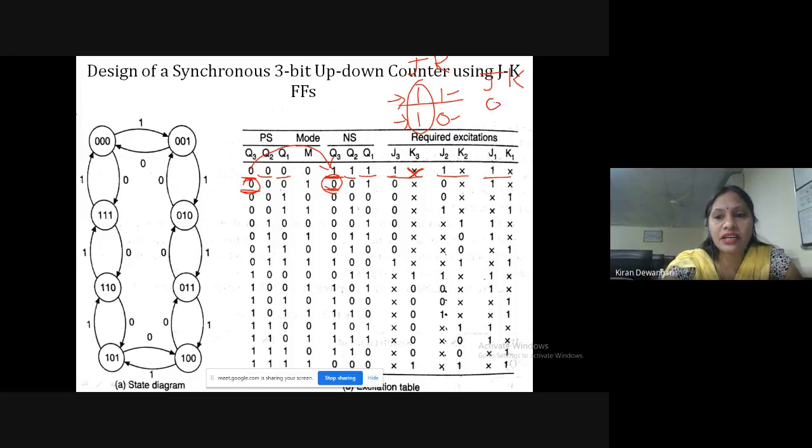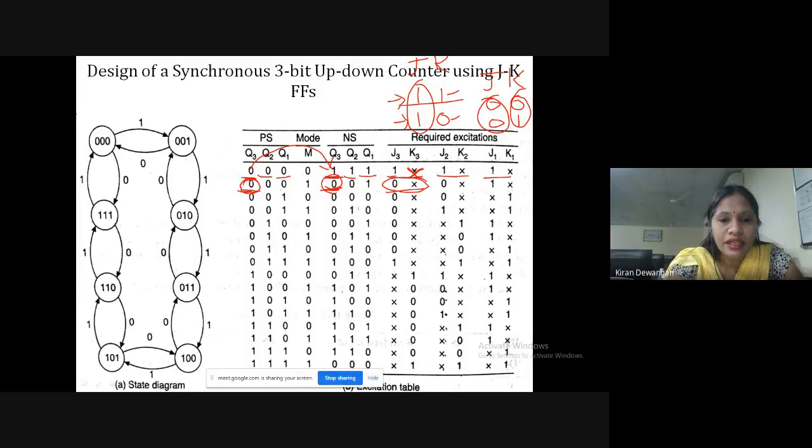It can be 0 0, the no change condition, and this is a reset state also, when J is 0 and K is 1. So in both the cases, present state 0 and next state 0 होंगे, तो our J K combinations will be, J is 0 fixed and K can be any value. So this becomes 0 cross. ठीक है? Is this clear?